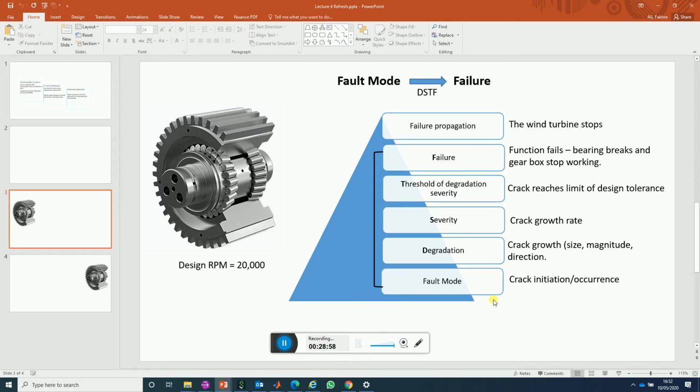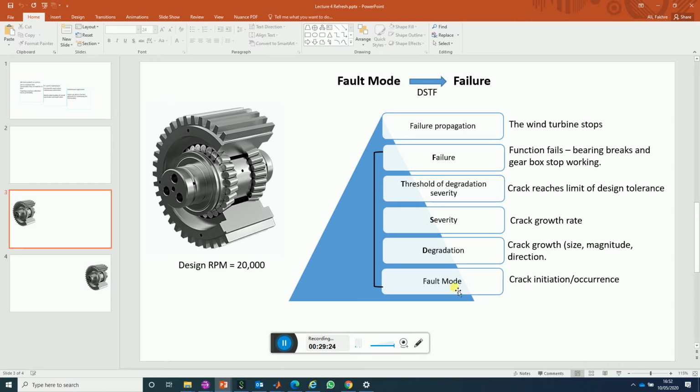Okay, and the fouling of blade basically influences how the flow behaves over the blade. It effectively impacts how much energy you can extract from the fluid, which is in this case water. So the fault mode here is what? Fouling. Fouling is the fault mode.